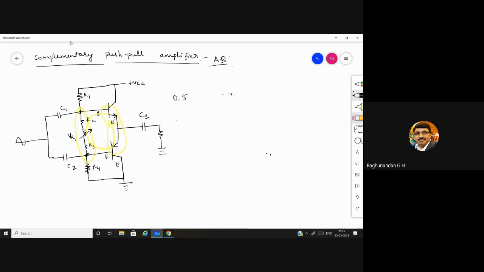So by doing this also, we can nullify the drawback which we have observed when the voltage drop across the diode and VBE are not matching, that will be a problem. To overcome that, we can use this circuit.